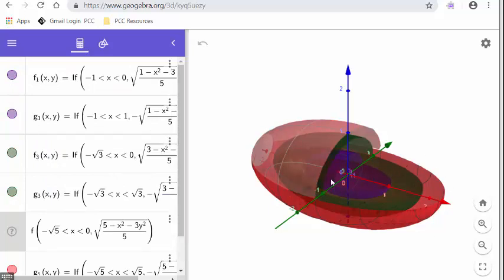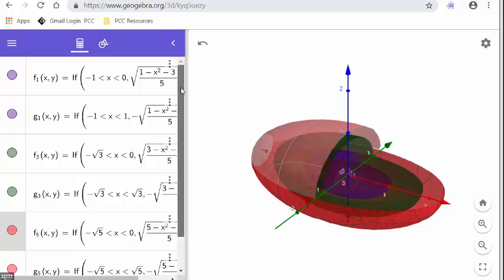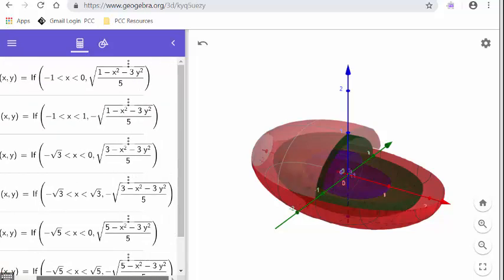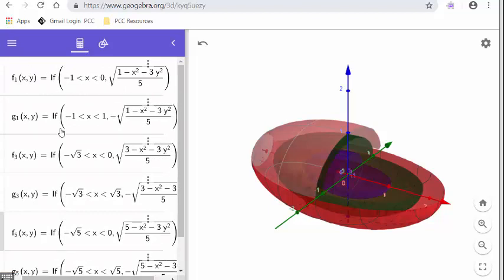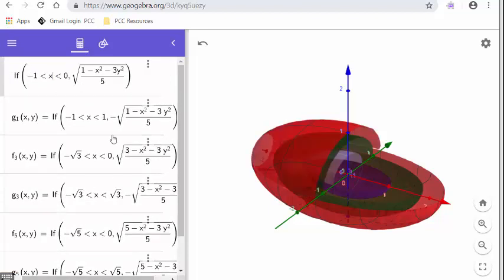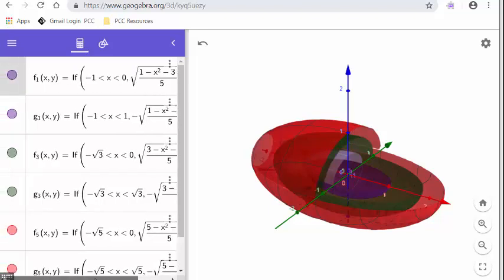So this was actually pretty tough for me to do, to get these cutouts, but the idea is all here. I needed to graph the top half and bottom half of these individually.